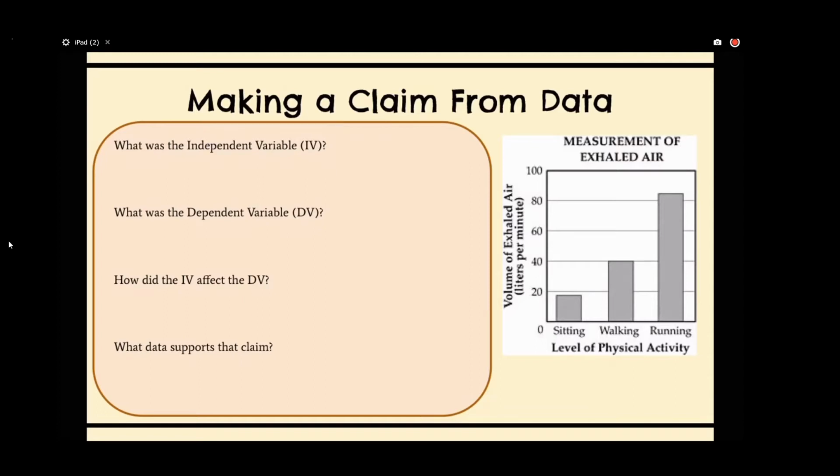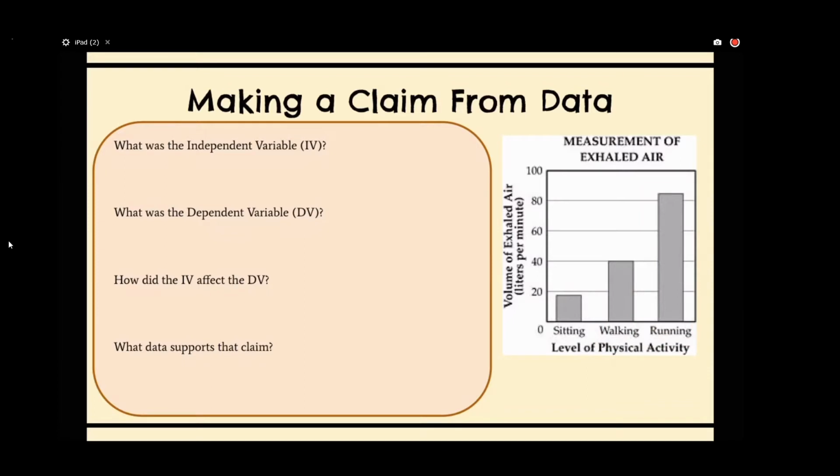What we want to do, these are the steps we've been following this whole time: what's your independent variable, what's your dependent variable, how did the IV affect the DV, and then what data supports that claim. So first, what's the independent variable? What was changed between each group? What it looks like here to me is we had one group sitting, one group walking, one group running.